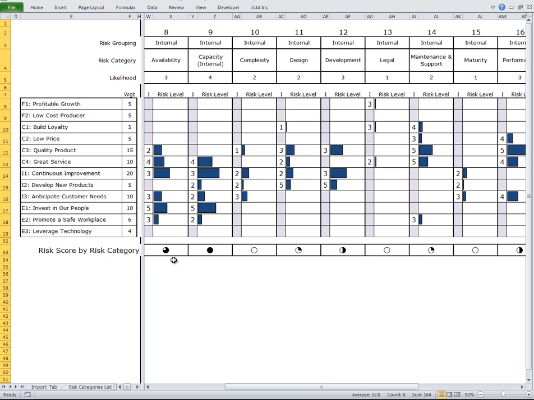Internal availability with a 3/4 Harvey ball means that it's in the second quintile. In other words, it's between 60 and 80%: 60% of the risks are lower than that and 20% or higher. So these two areas have significant risk, and we need to make sure they are covered off in the risk register.